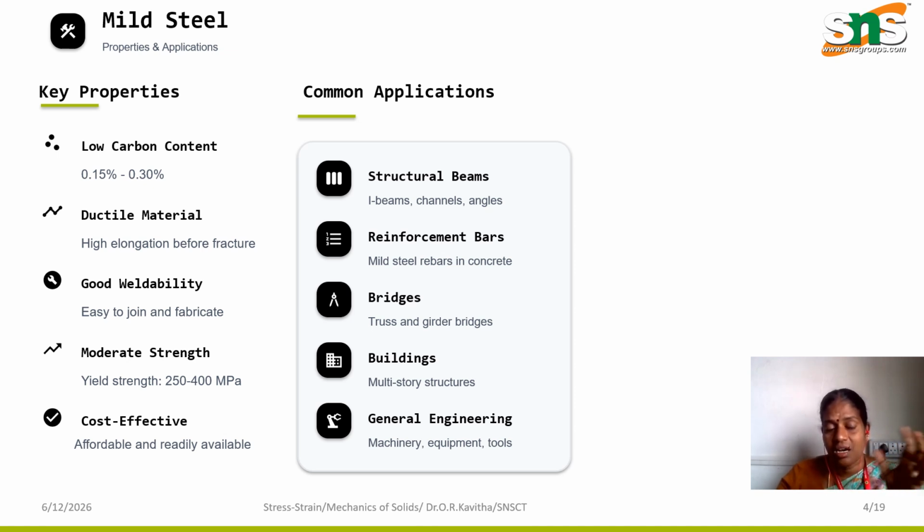It has moderate strength and is cost effective compared to other materials like copper and brass. We mainly use it in structural elements, reinforcement bars, and the construction of bridges, buildings and different types of structures. Everywhere in RCC the main material is mild steel.